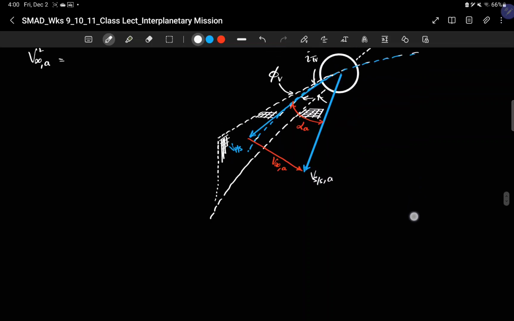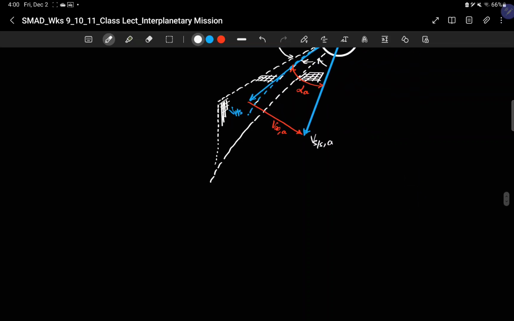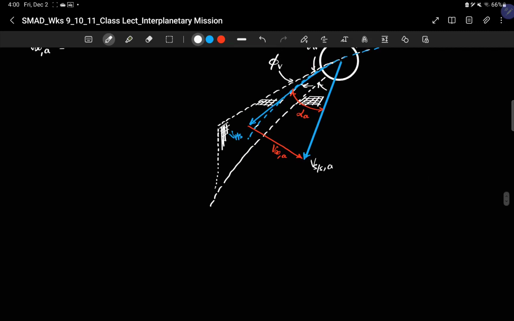Okay, so now if we take a two-dimensional look at the vectors, what do we have? This is Venus, for example, the position of Venus, and there is a flight path angle phi V out of this.